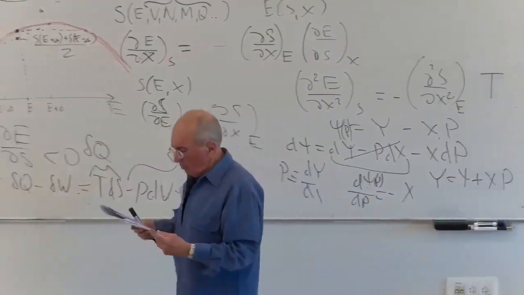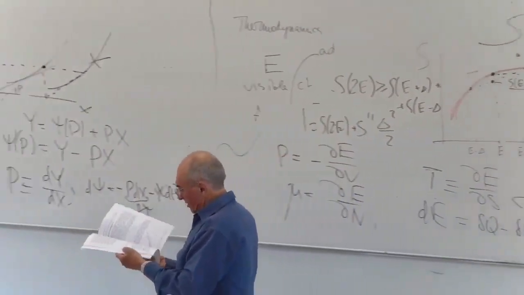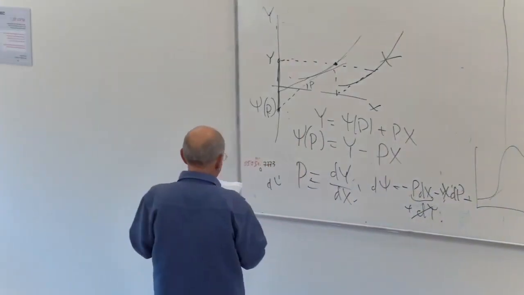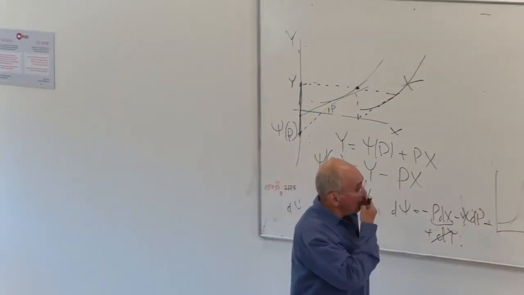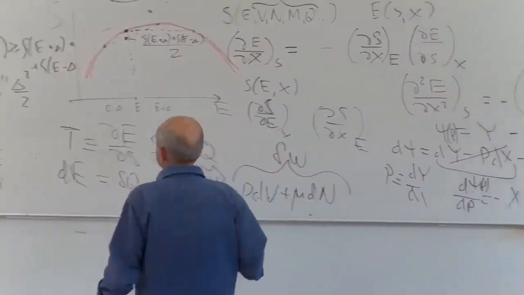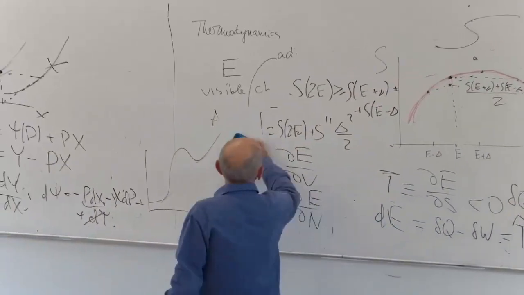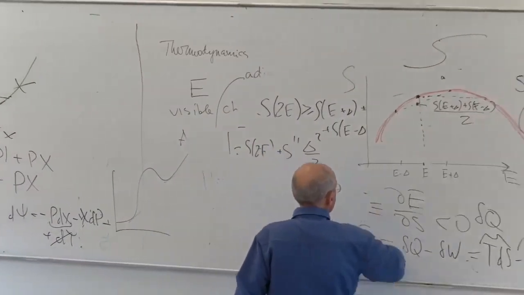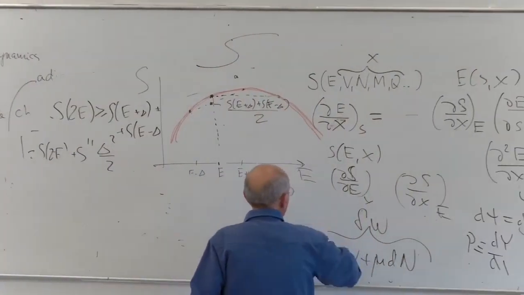Okay. So now let us finish with this thermodynamics, because really what we needed all for is we needed for entropy, energy, and temperature. This was a sideshow with respect to y and x, but let's go back to this.